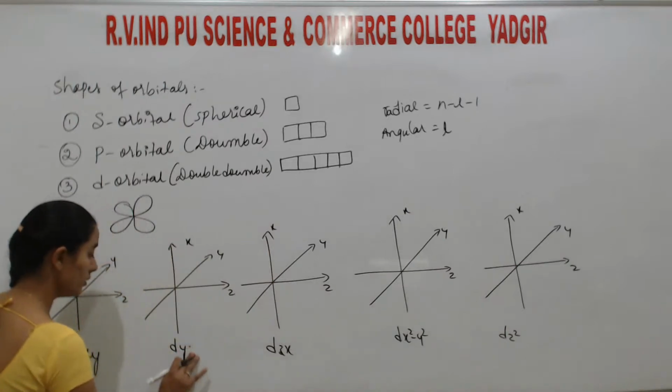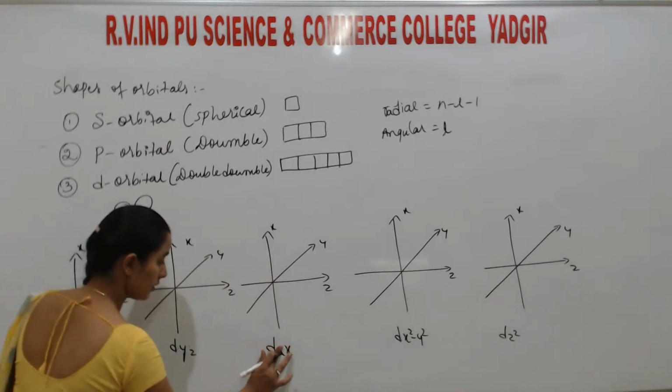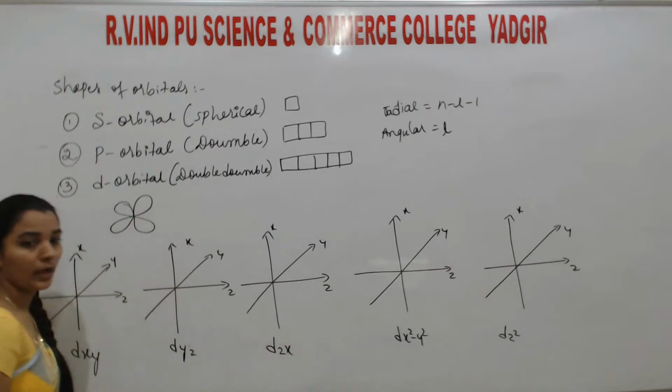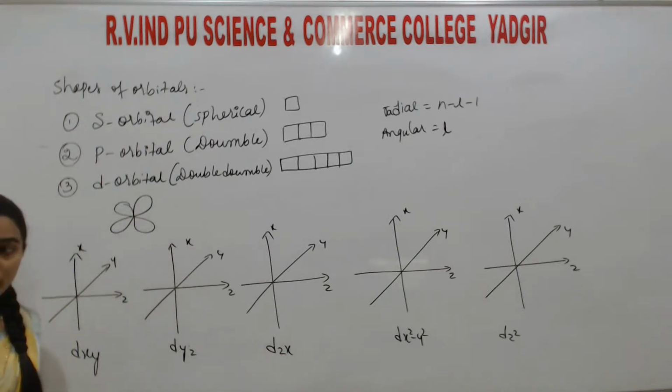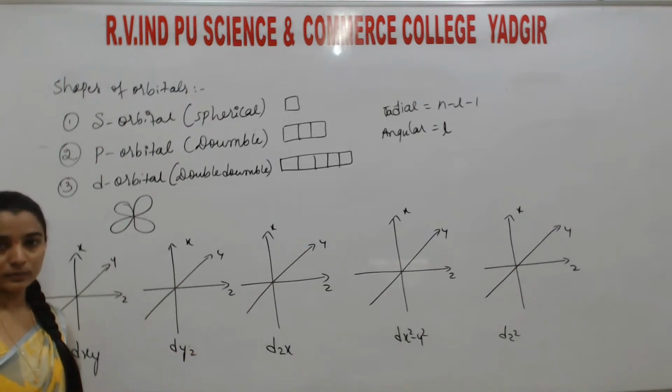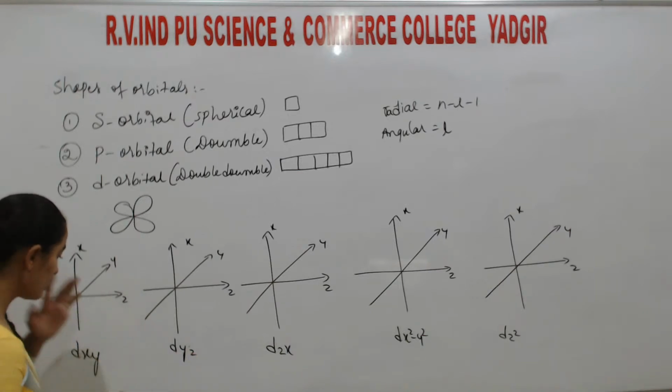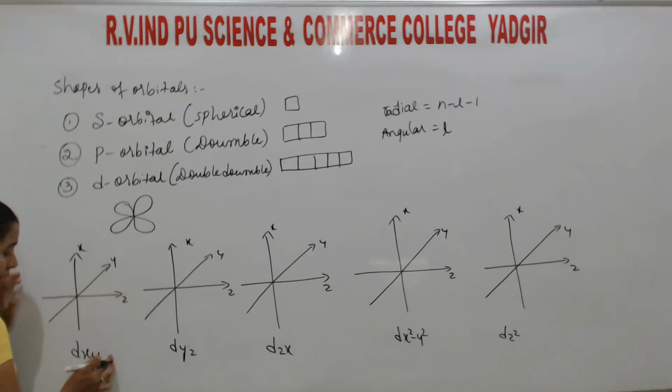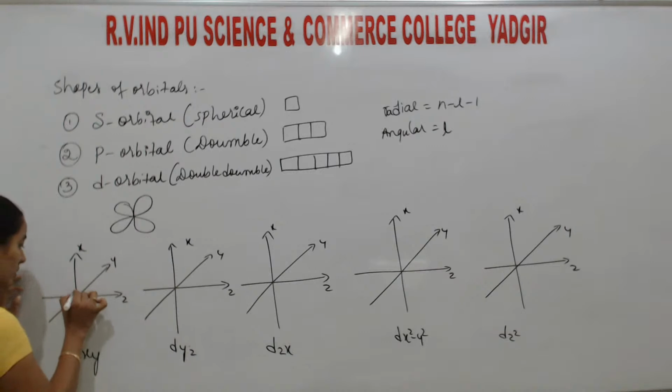So these are the 5 different d orbitals, double dumbbell. That's why we are considering different planes. Understood? So initially this one, dxy, means in the xy plane these orbitals are present.